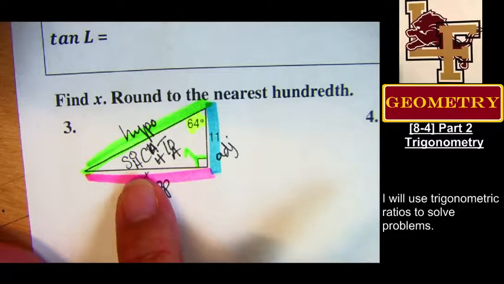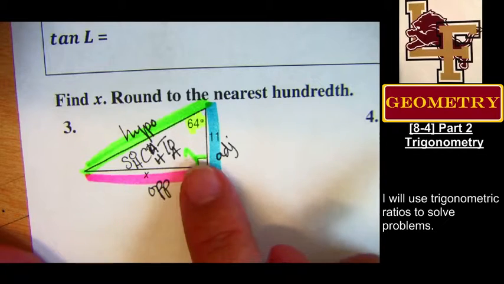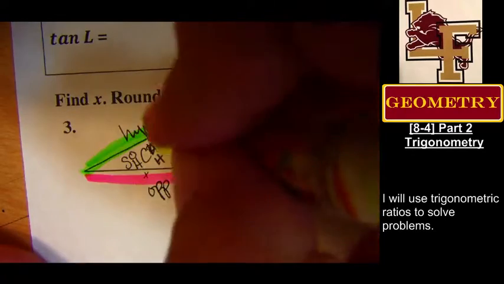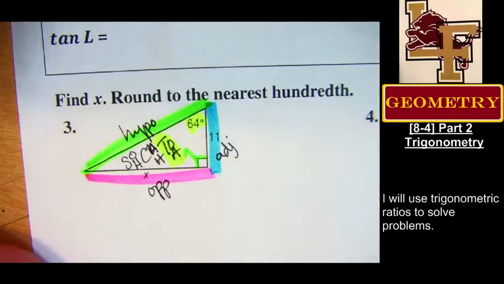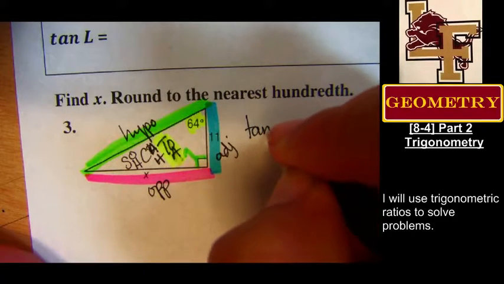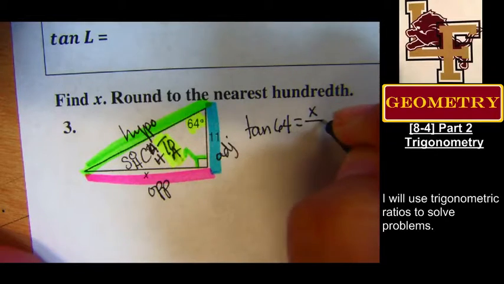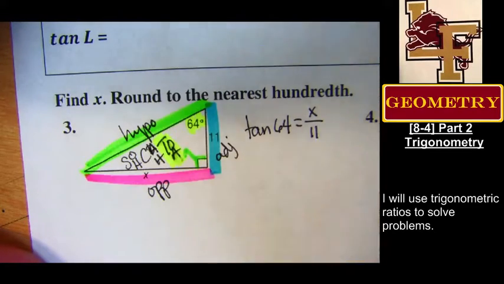SOH, CAH, or TOA? Opposite and adjacent. It's TOA, tangent. So, the tangent of my angle is equal to the side opposite that angle divided by the side adjacent to that angle.